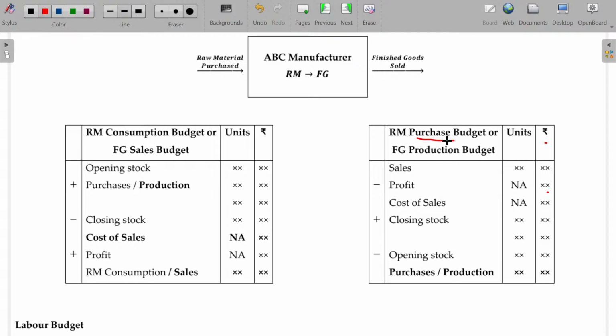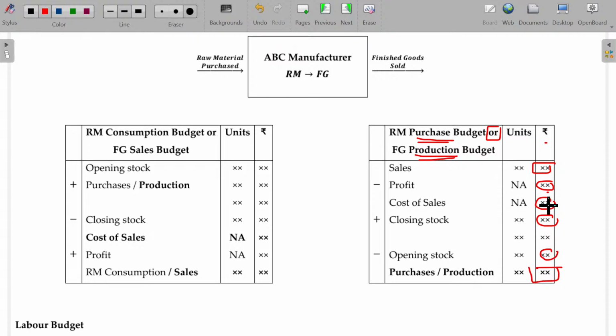This purchase budget will be similar to the production budget. Either it may be a raw material purchase budget or a finished goods production budget. So in case of a production budget, what do you do? Finished goods production budget: sales minus profit is the cost of sales, closing stock is added, opening stock is subtracted, then you get the production.